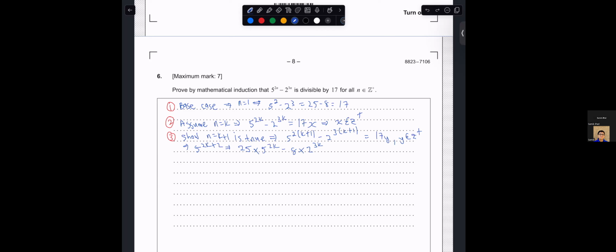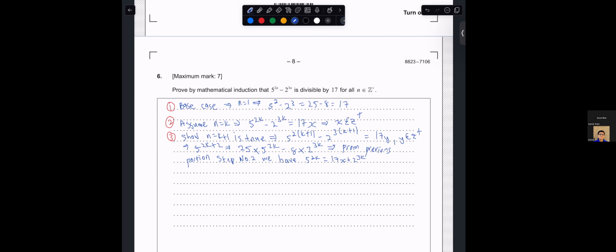Yes, okay. So from our previous portion, step number 2, we have 5 to the 2k will be equal to what? 17x plus 2 to the 3k, right?